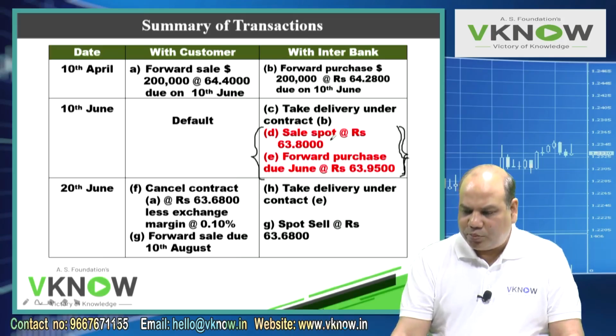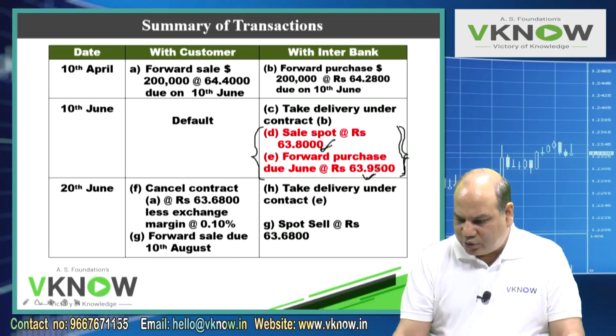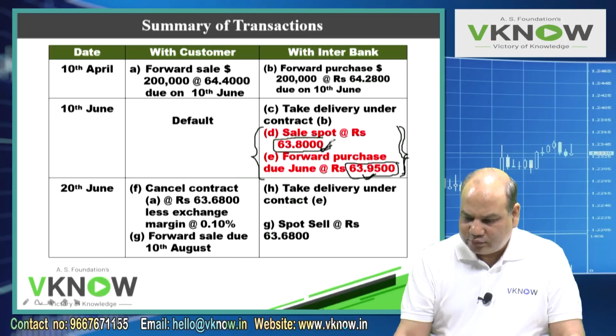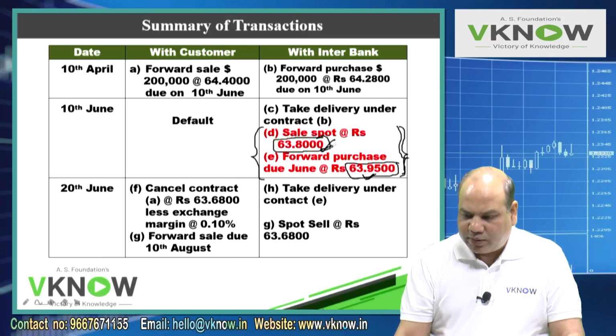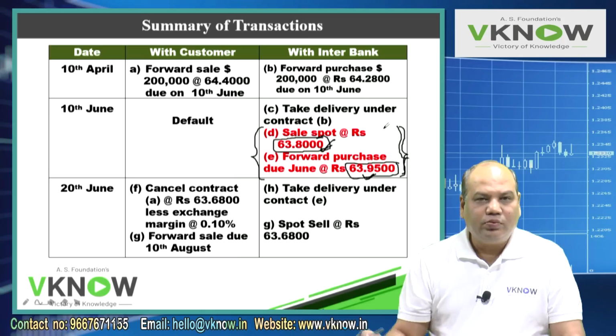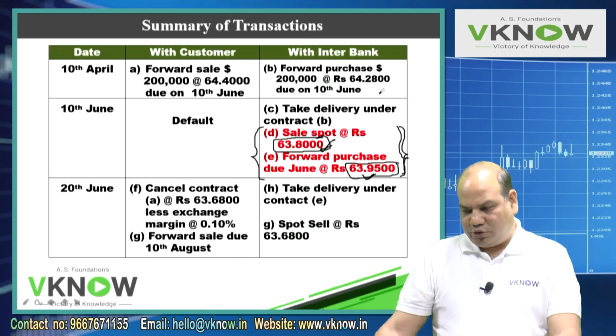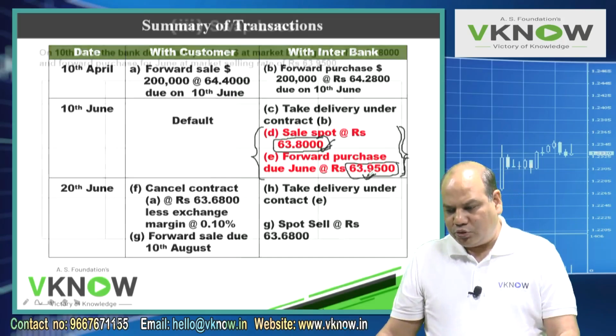It sells spot at this rate, it buys forward at this rate. So therefore this will result in a loss to the bank. The loss will be equal to the difference between these two rates. Again, no need to add margin here. Whatever loss the bank suffered will be recovered from the customer. So that is called swap loss.